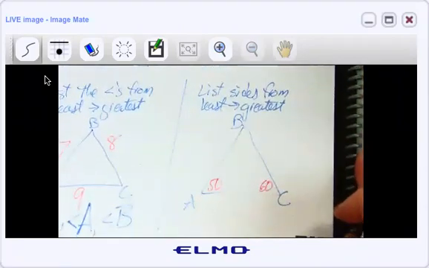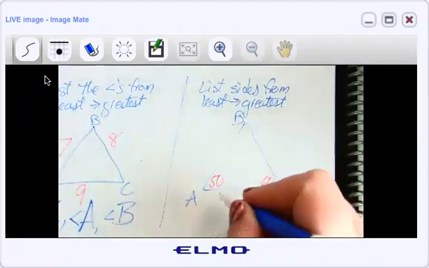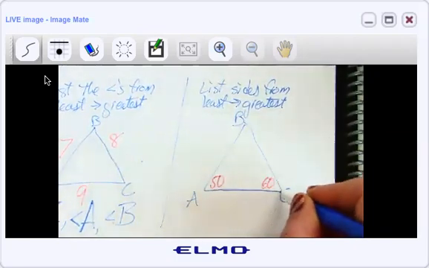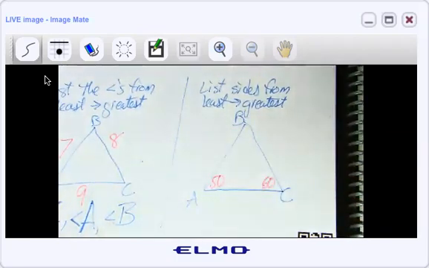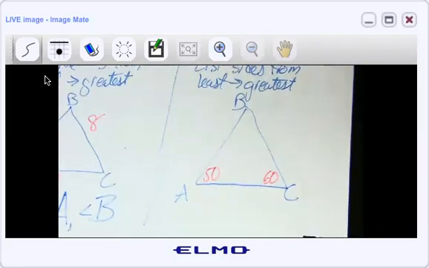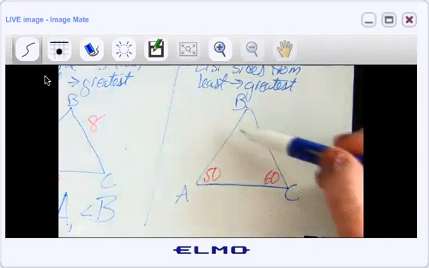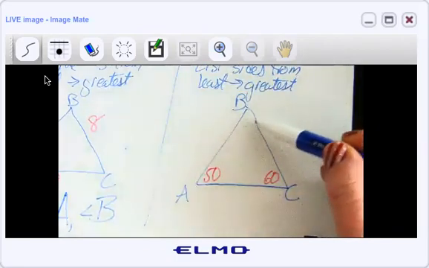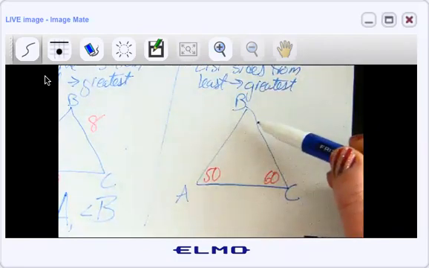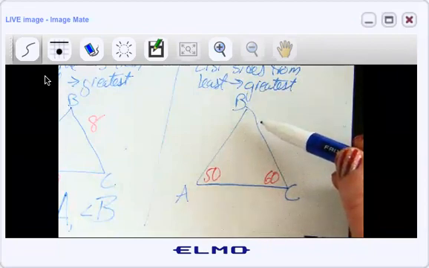Now, you can't even begin this one until you figure out what the missing angle is. So I'm hopeful that you did that. If I have angles of 50 and 60, you need to take a minute and figure out what this angle is. Because remember, we can't go off of looks. We got to go off of the numbers.